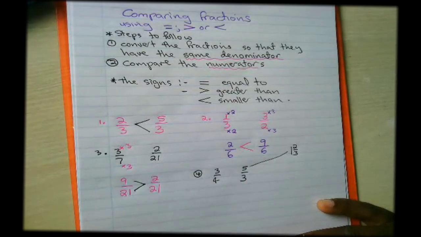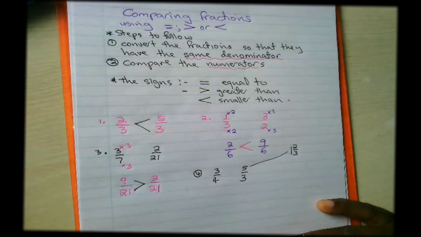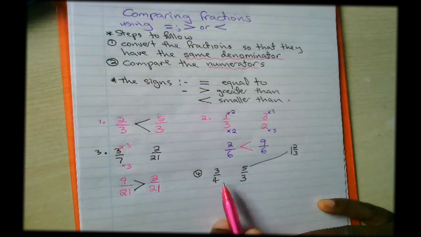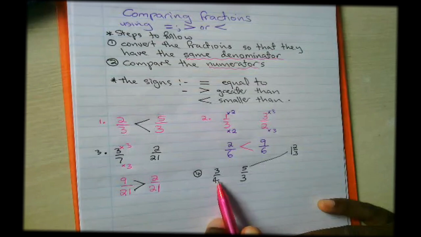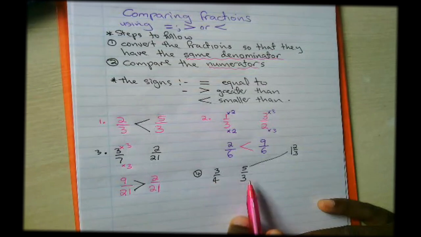All right, there is 4 and 3. What is the lowest common multiple of 4 and 3? The number which can be divided by 4 and by 3 without leaving a remainder. We have many of them, but we want the smallest. The number is 12, right? So to get 12, 4 is multiplied by 3, and to get 12, 3 is multiplied by 4.